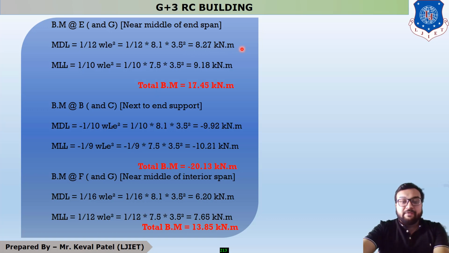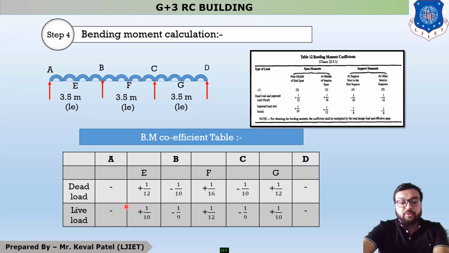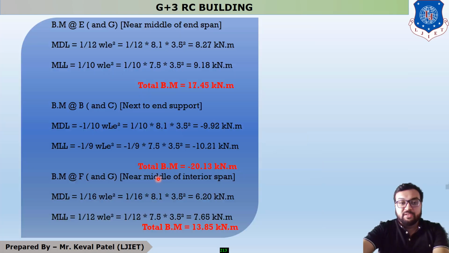After finding the bending moment due to dead load, the next is the bending moment due to live load. Now our coefficient is plus 1 by 10, so our equation is WL square by 10, because we have to multiply all these coefficients with WL square. So our moment due to live load is WL square by 10.